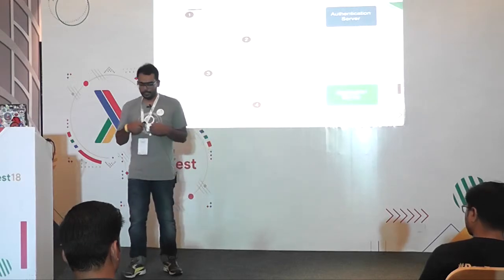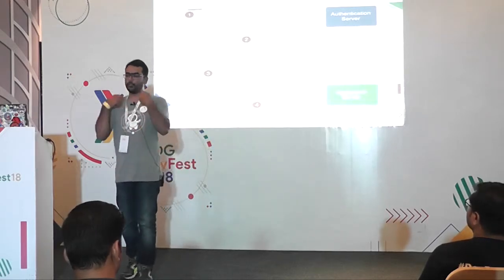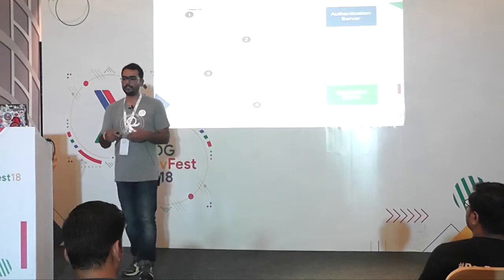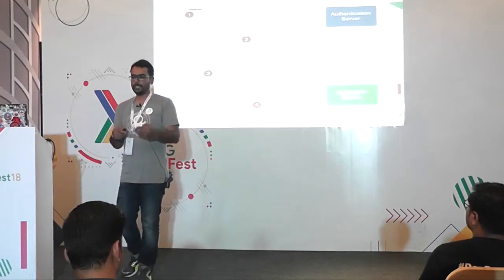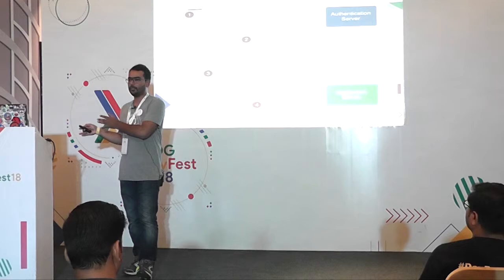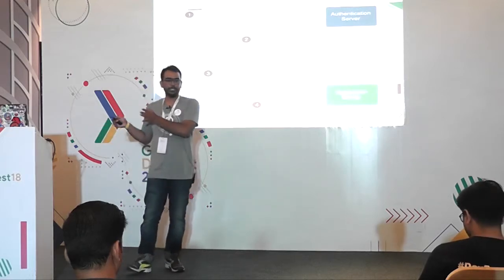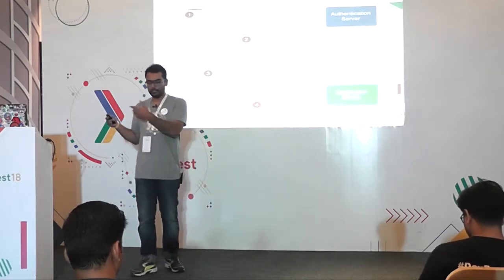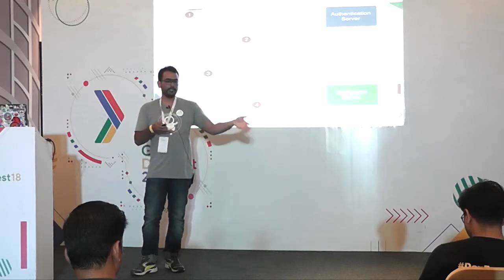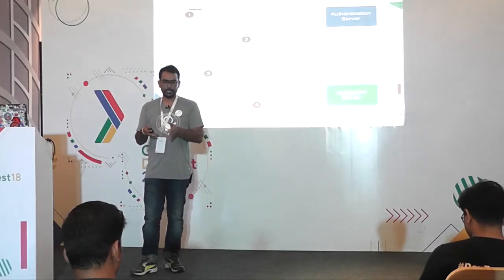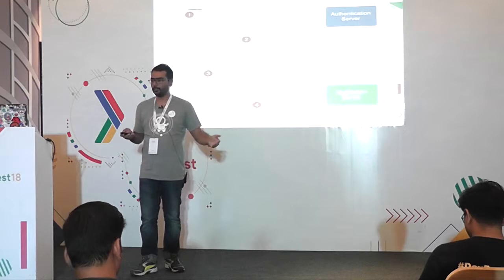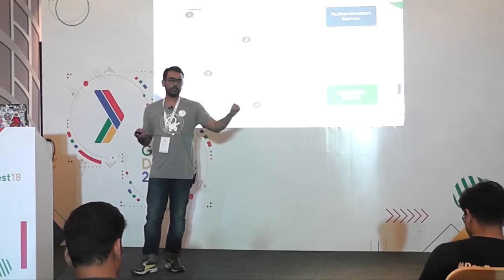When we now try to access the API, we pass the JWT with us, and the application server where you have kept the APIs looks back, decodes the JWT and finds that this is a legitimate call, so they give you access to the API.